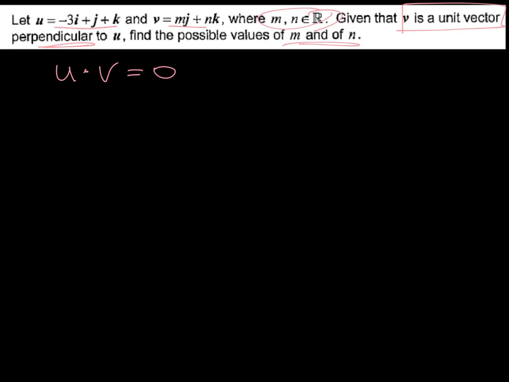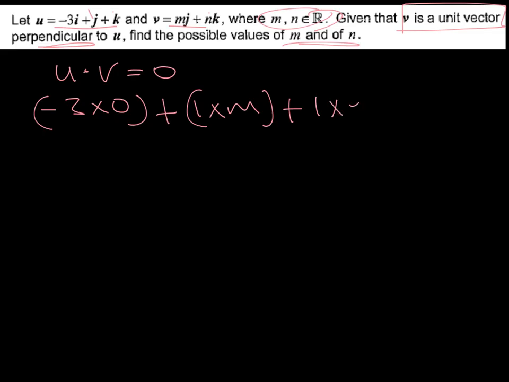For u, there's -3i, and there's no i in v, so it's going to be -3 times 0, plus 1j here and mj here, so 1 times m, plus 1k here and nk here, so that is going to be 1 times n.